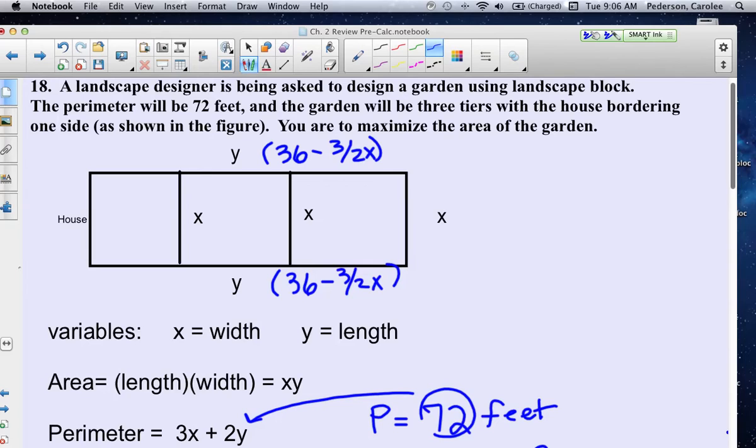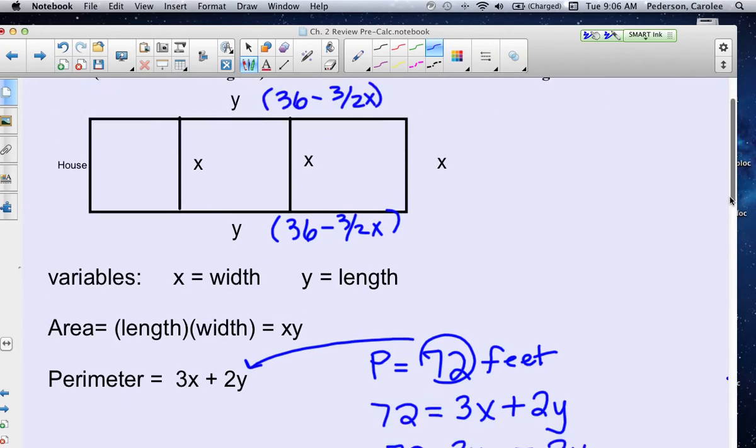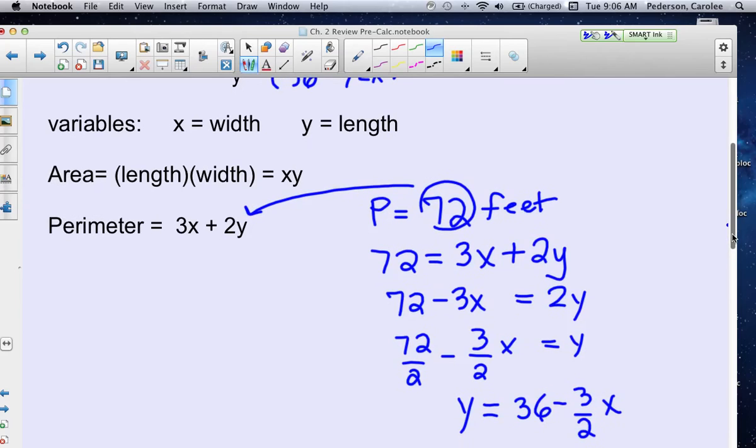Now I can focus on the question. The question says, you are to maximize the area of the garden. So now we can rewrite it as a function. So the area is taking the length times the width. We don't care now about those middle sections.